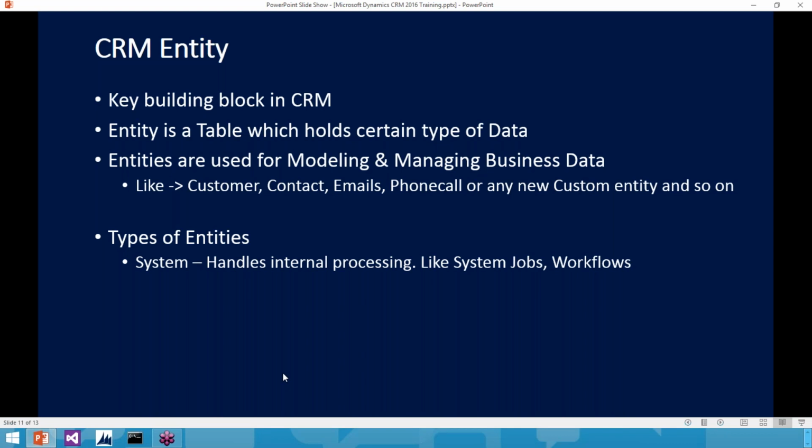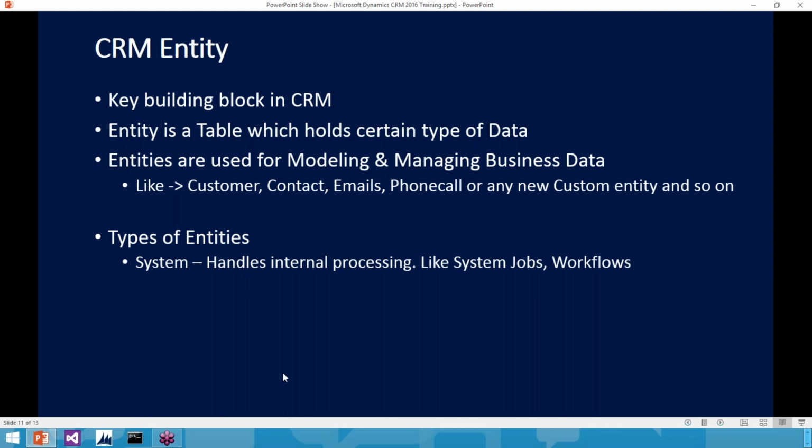For example, if you create a new contact in CRM, something gets triggered, like an email goes out, and that whole email generation process can be automated. For automating, you need database table support, which is what those system tables are.